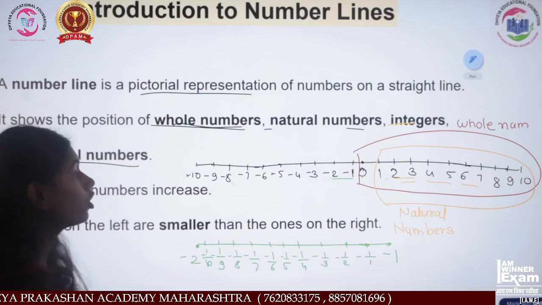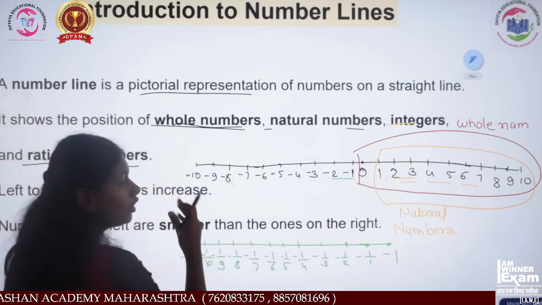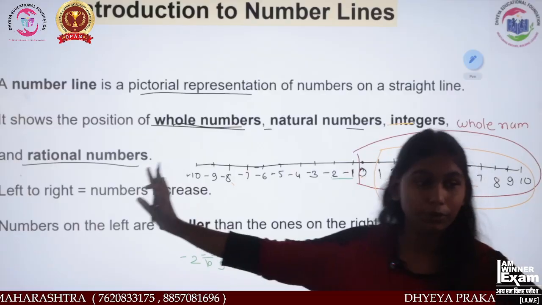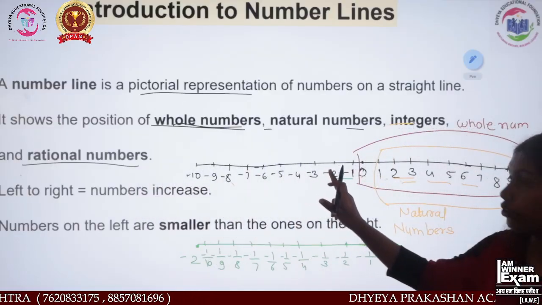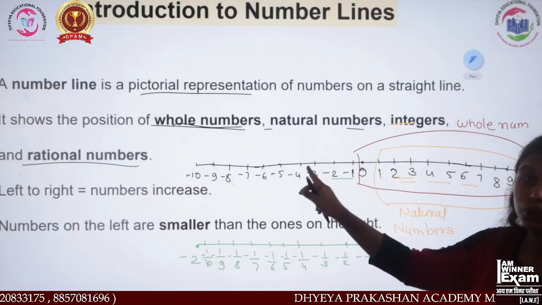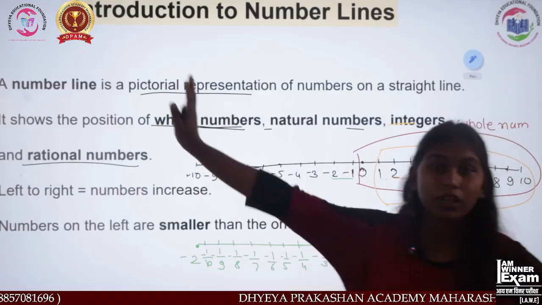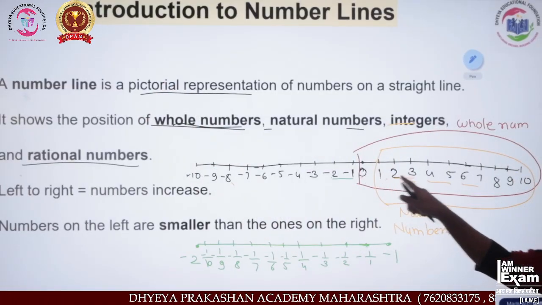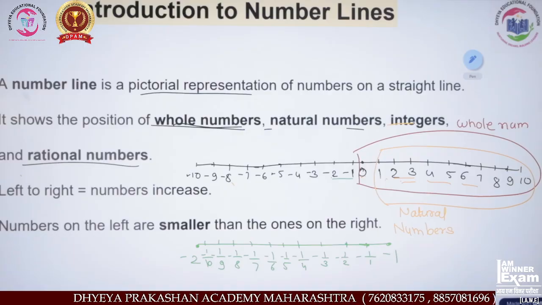And if you look at the left side, which has the negative numbers, the direction of the negative numbers is going to the left side only. So minus 1, 2, 3, 4, 5, 6 in that direction. But on the right side, 0, 1, 2, 3, it is going in the right side direction.